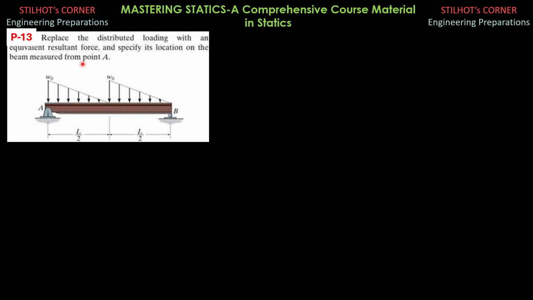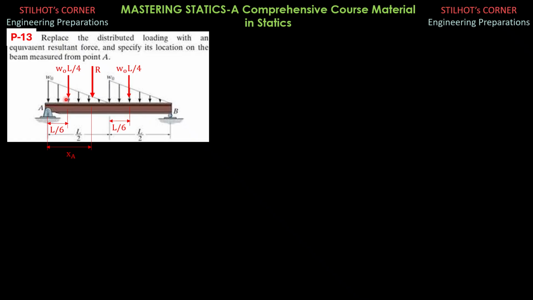Problem 13, replace the distributed loading with an equivalent resultant force and specify its location on the beam measured from point A. So just the loading, let's locate the resultant. These are identical loadings, so these are the values for this equivalent loading here.